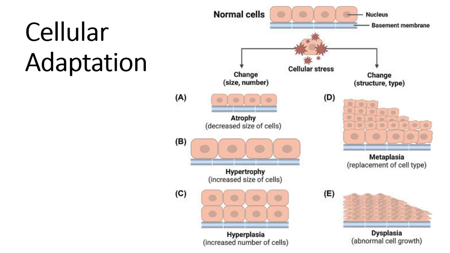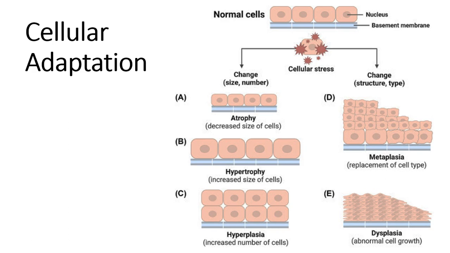Some insults on cells will affect the cell's morphology. Here you can see the normal cells. Normal cells consist of nucleus and cytoplasm, and normal cells will be attached to the basement membrane.